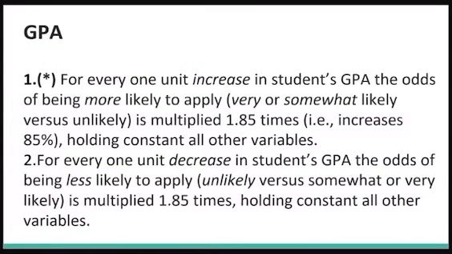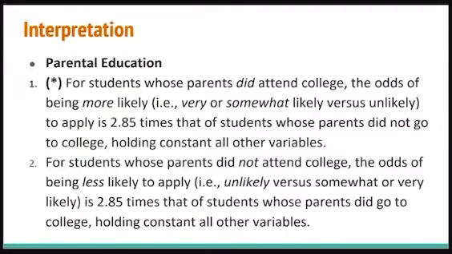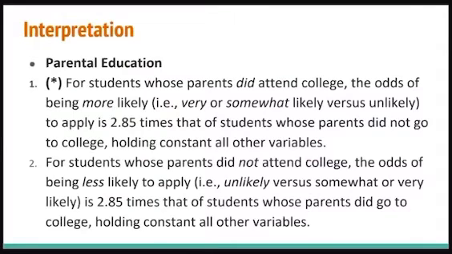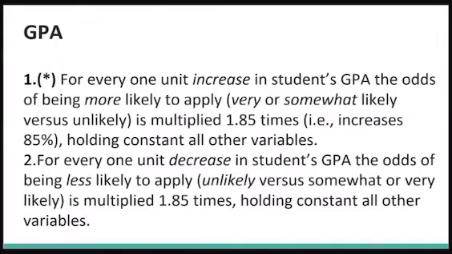what about GPA? We are still talking about the odds ratio. How do we interpret that? Take a look here. For every 1 unit increase in the student GPA, the odds of being more likely to apply versus not applying is multiplied by 1.85 times.